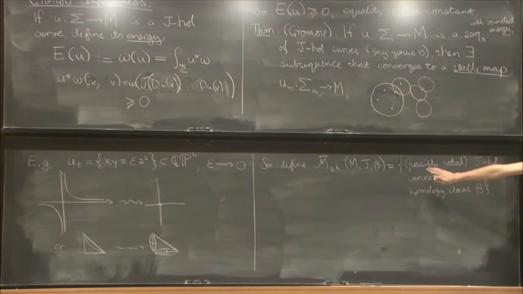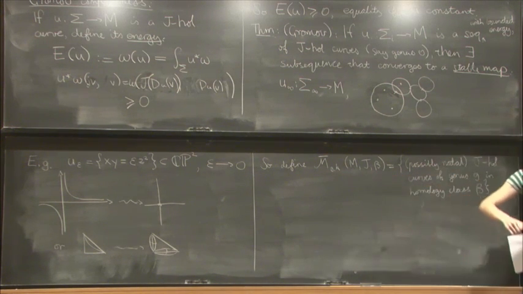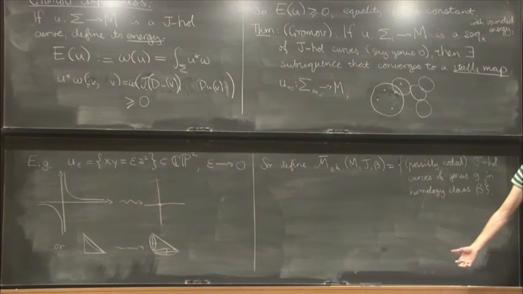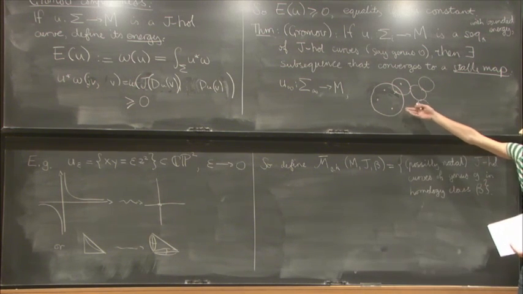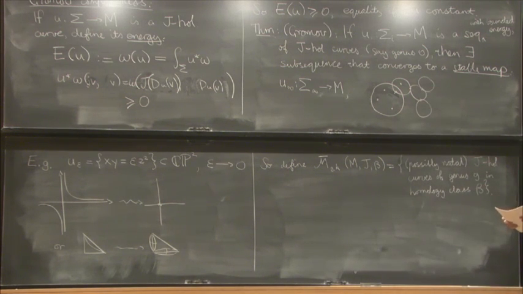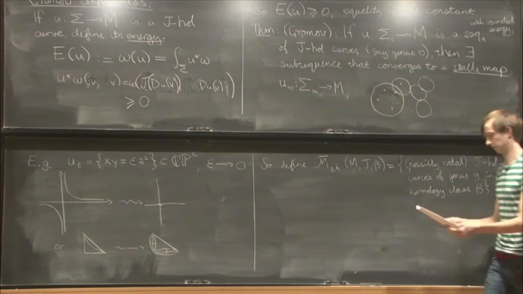Okay, so now we define a new space which includes all these things that we saw as limits, in the sense of Gromov compactness, of elements from our original moduli space.